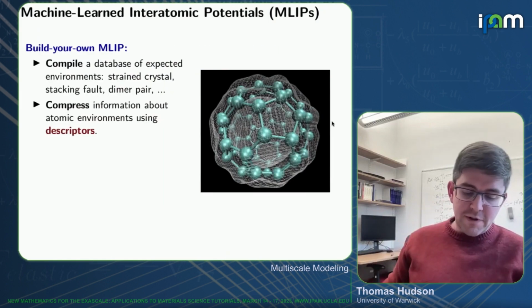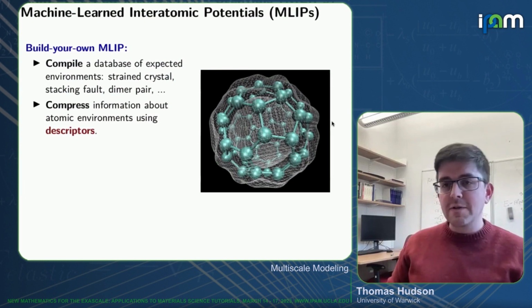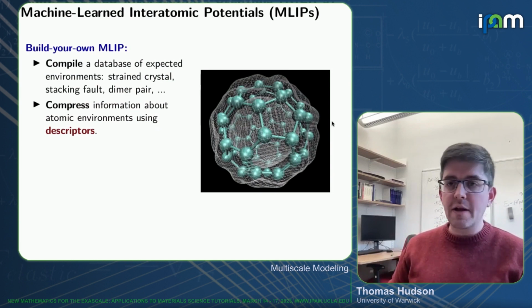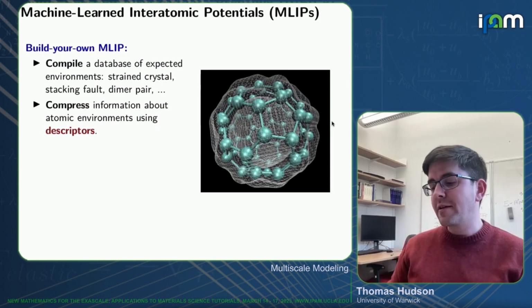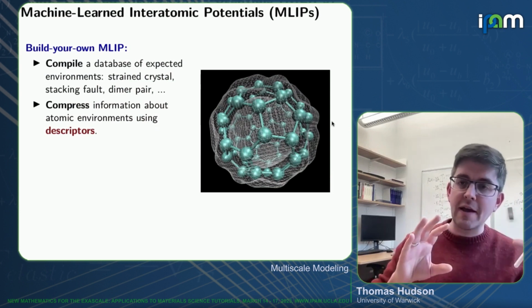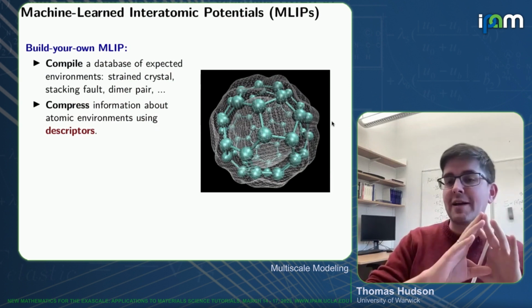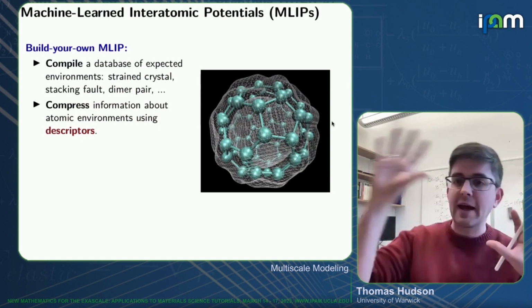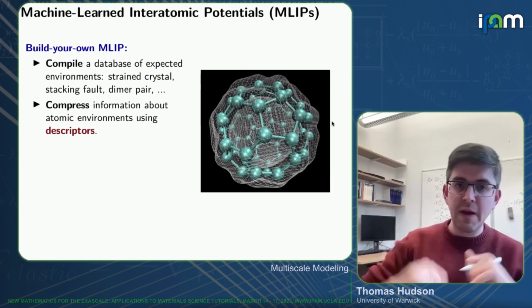So once you have compiled such a database, and of course, this is not a linear process as I'm presenting it, but it's a kind of non-linear process, you need a way to parameterize the atomic positions, and you want to create a mapping between the atomic positions and the energies and forces that you have.